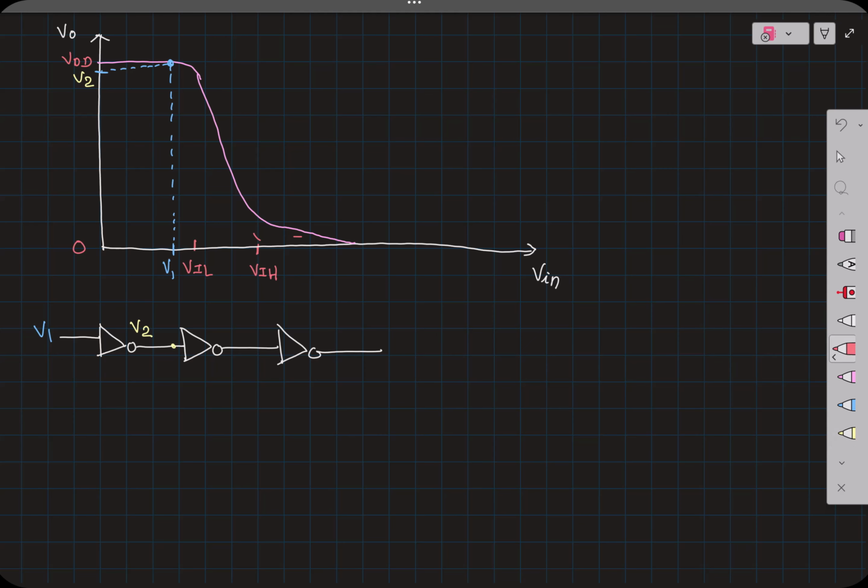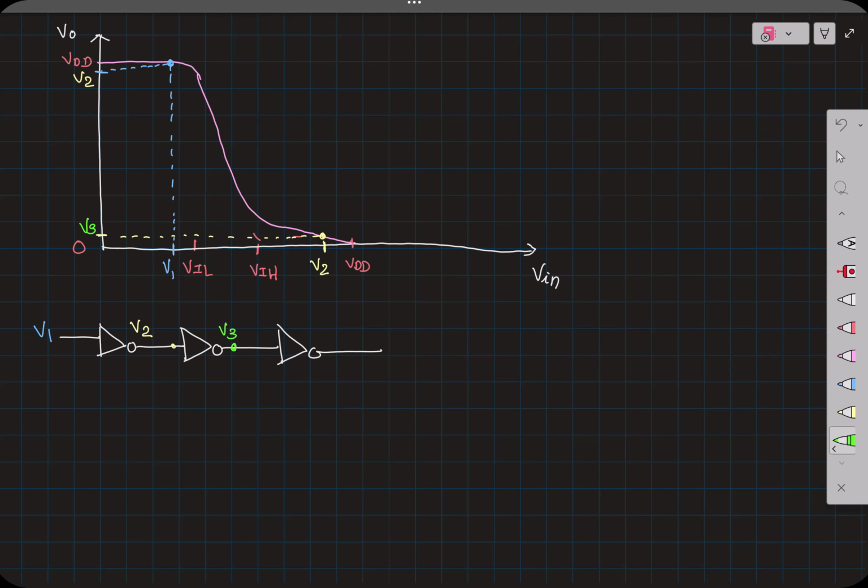V2 is slightly smaller than VDD, which means I would expect to see this value somewhere here on the x-axis. Now, corresponding to that, the output is this. So this is my V3, and V3 is the output of the second inverter.